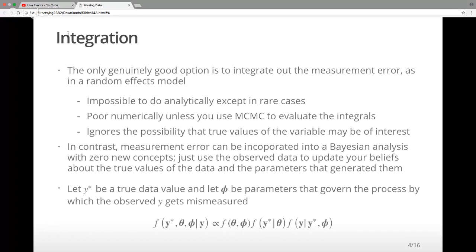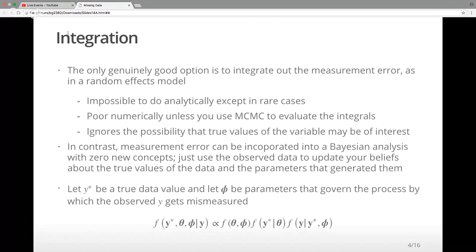Is there a tendency to overestimate, underestimate, whatever? Just using the general multiplication rule, we now have implied a joint PDF up to a constant for theta, for phi, and the true data conditional on the observed data Y.